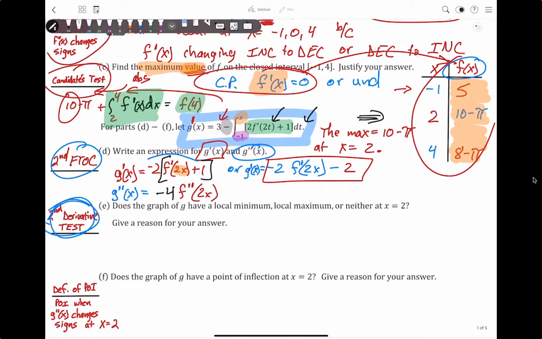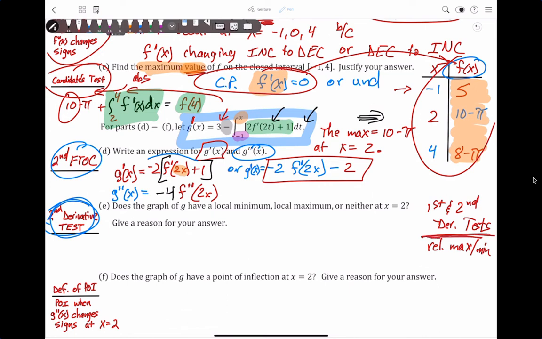Again, repeating, first and second derivative tests are aiming to find relative max or mins. That's it. Nothing else. That's what you use these for.